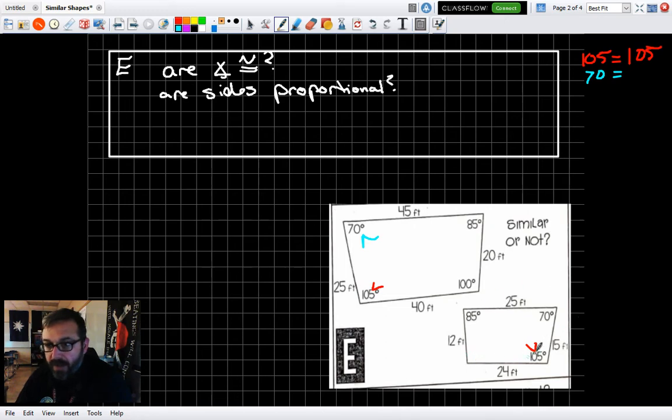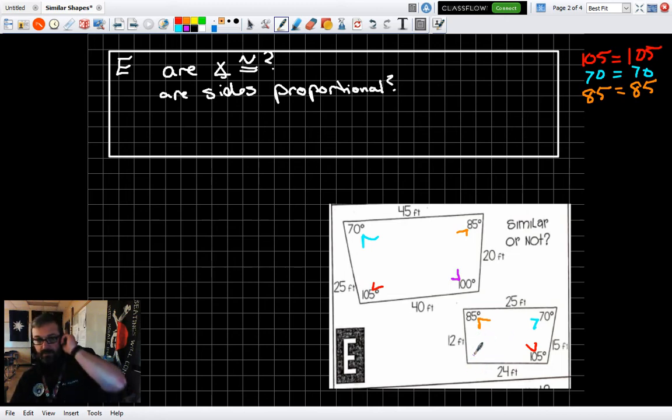And the smallest in the little shape, 70. Now the next biggest one is 85 and 85. And then my last angle is 100 and wait, there's nothing here.